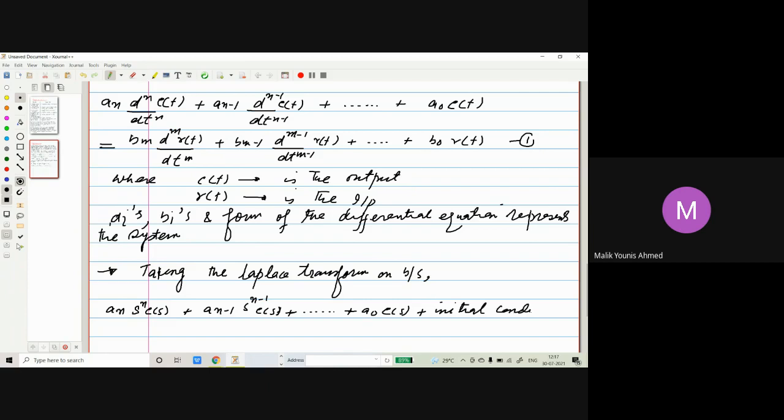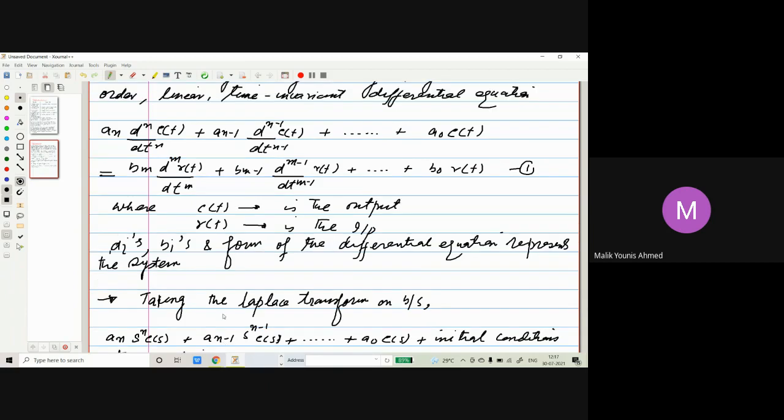Although by formula the initial conditions should be 0, we have to write the initial condition terms involving the response, involving C of s. Whatever terms are involved in this case, we have to consider.